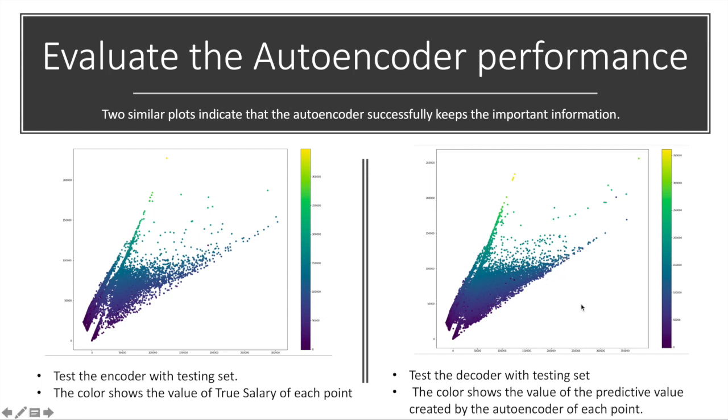The color shows the predicted value created by the autoencoder for each point, which means the dot on the left is the real value, and the dot on the right is the synthesized data value. So here we can see that the 2 similar plots indicate that the autoencoder successfully keeps the important information based on the data distribution and also based on the color map.